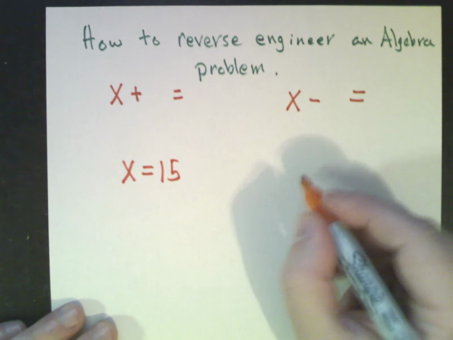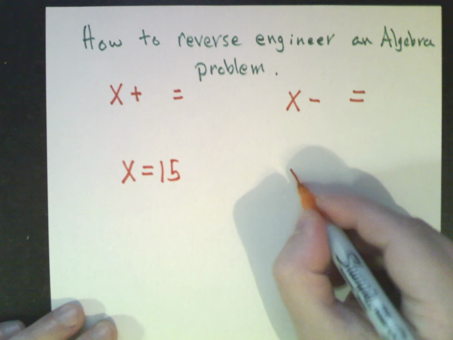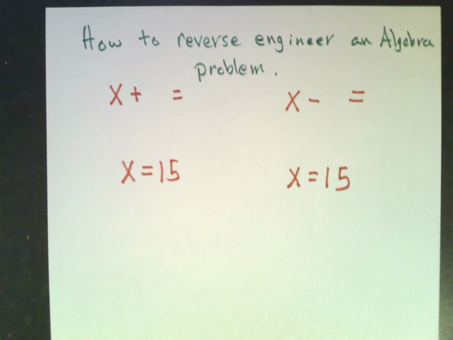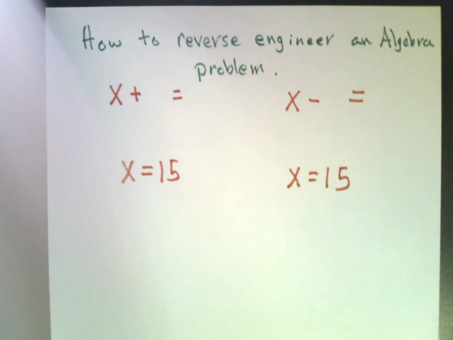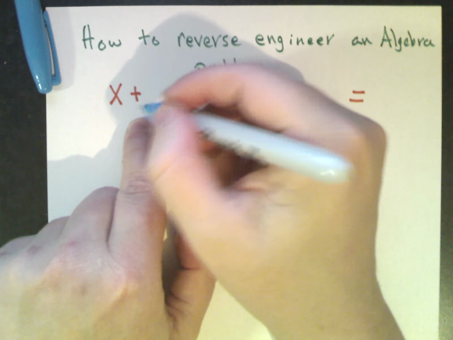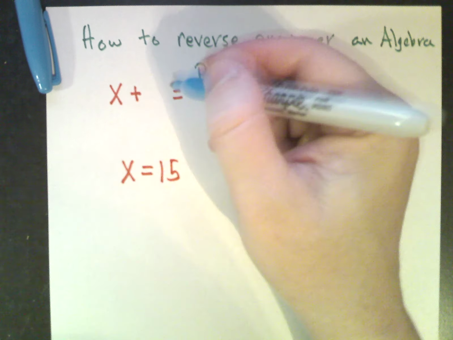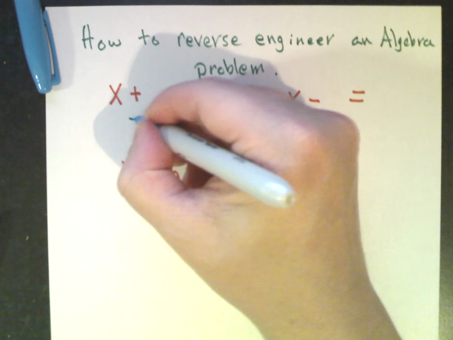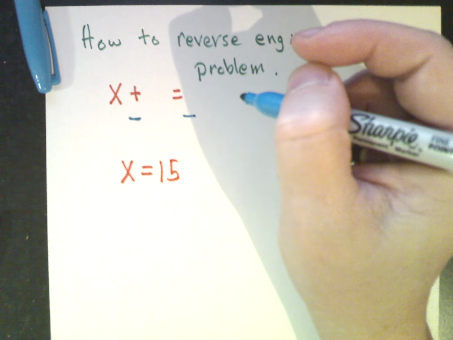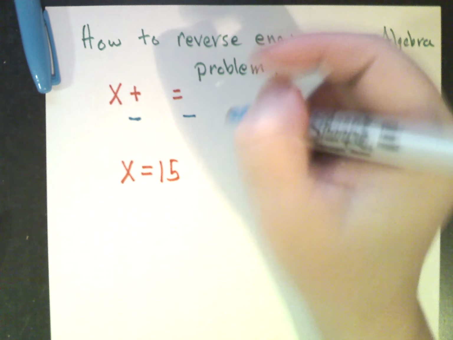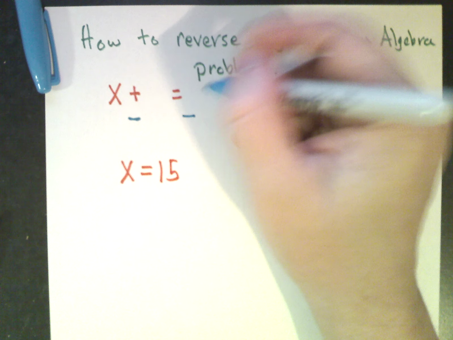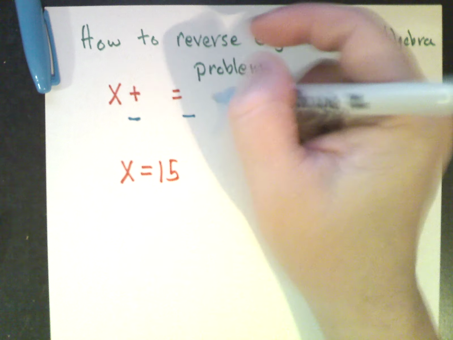But in the end result, I want to get x equals 15. So my two ideas for addition here, well, if I'm doing an addition problem, my inverse operation would be negative. So I look at this, I go, well, what number can I subtract to get 15 here?